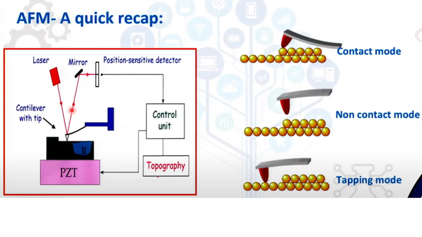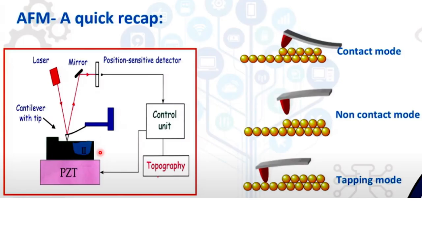There is also a laser and mirror, and you are visualizing the surface morphology by monitoring the atomic force that is generated when the tip is in contact or without contact with the surface.